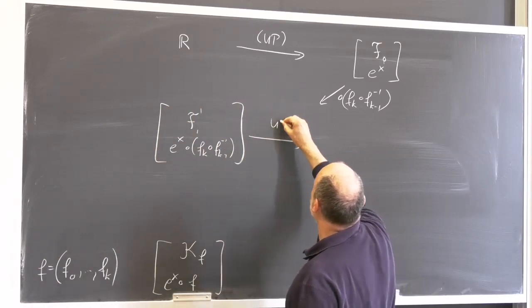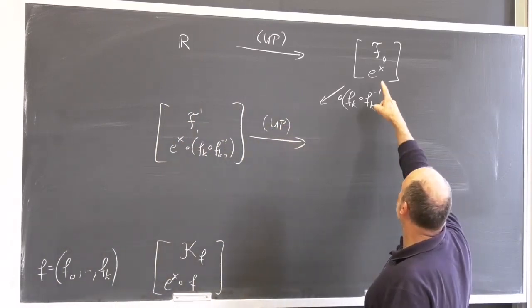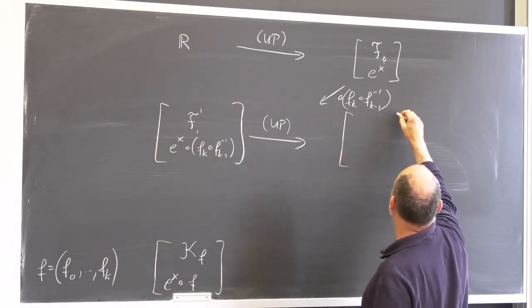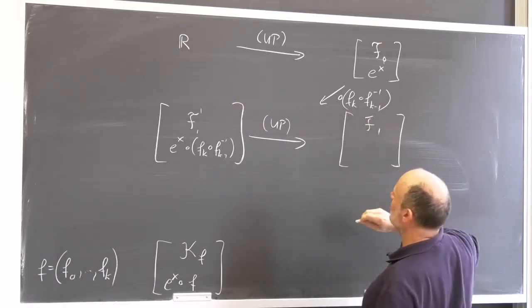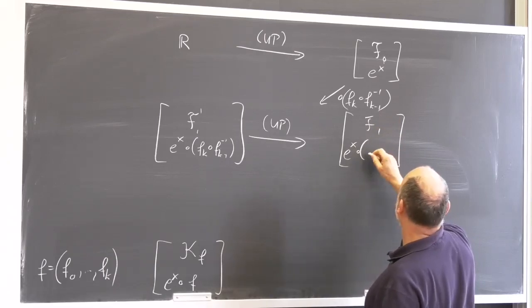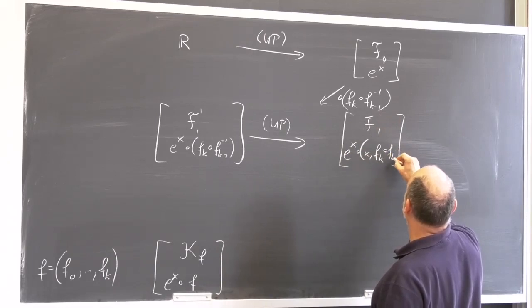And then I will use the uniqueness principle again to add e to the x again as an additional generator. So we get something that I call f1. Here we get x and fk composed with fk minus 1.